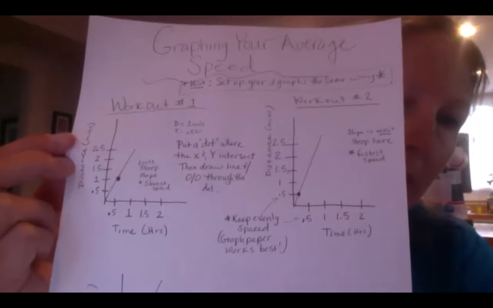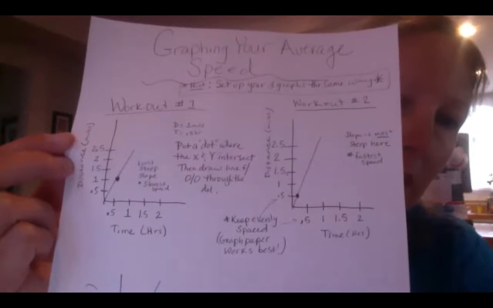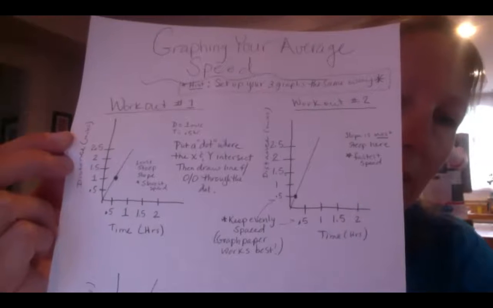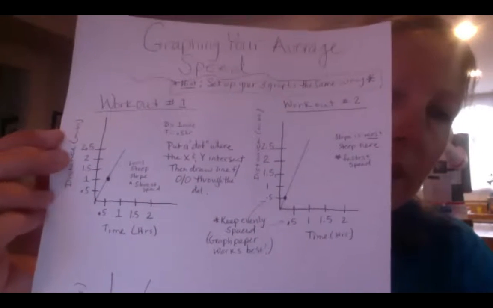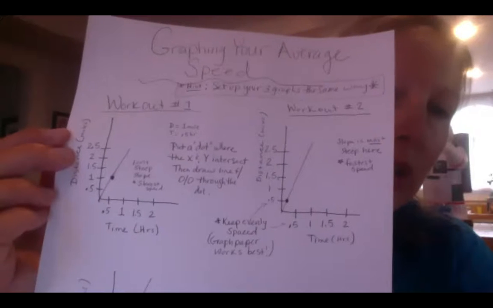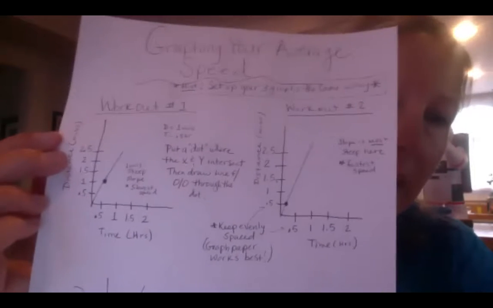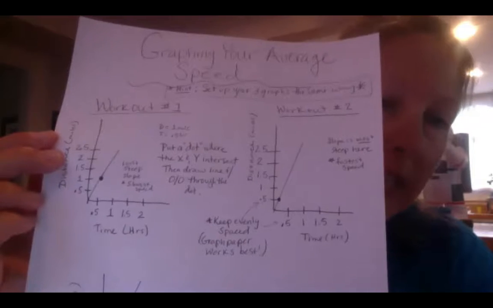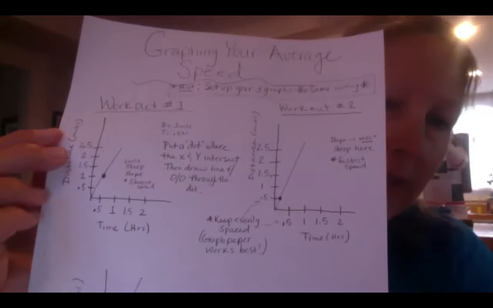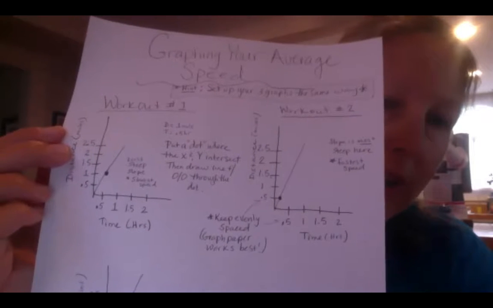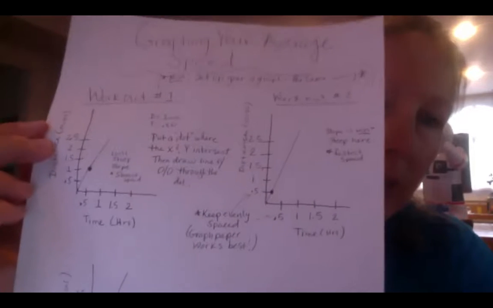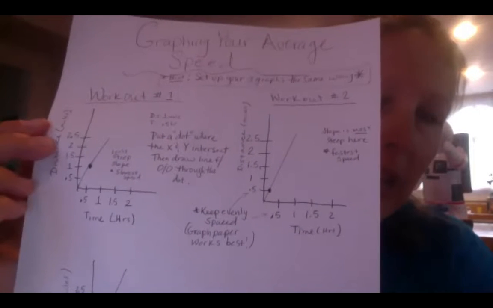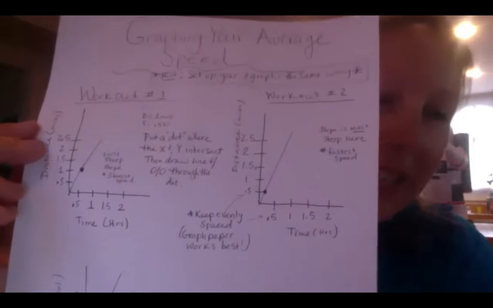So I know some of you, like Asher and Noah, were just saying that you went like 5 miles. So notice my distance only goes up to 2.5 miles because that was the largest distance that I traveled. So you want to make sure all your graphs look the same as far as the setup with the numbers, so that you can compare them. And your graph needs to make sense for your data.